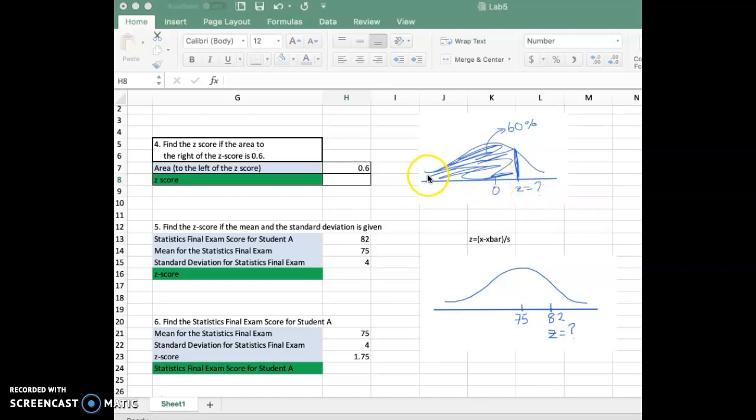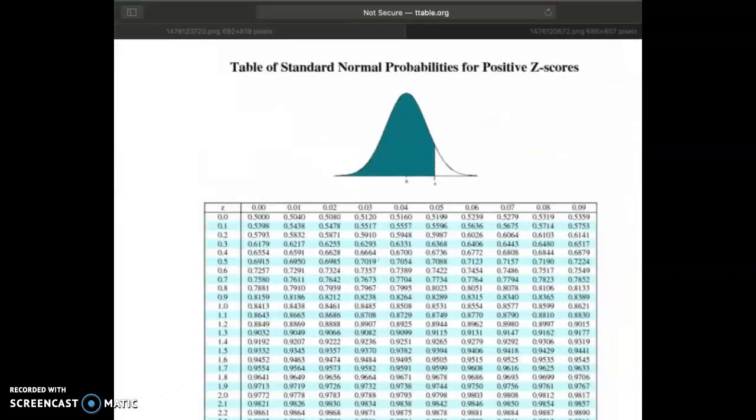To the left of 0 is 50%, to the right of 0 is 50%. So let's look at the corresponding z-score value for 60%. If we want to use the z-score table, all we need to look at is the body of the z-score table, 0.6.